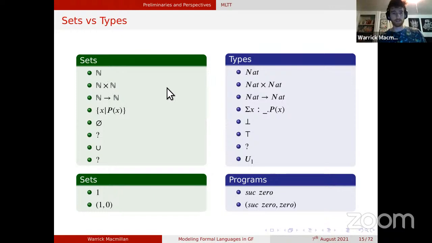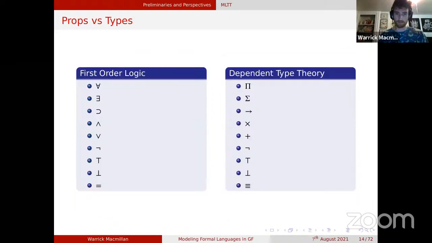If you've taken an intro to set theory course or seen any of the axioms of Zermelo-Fraenkel, yeah, now I'm forgetting how to pronounce this. So we have the Cartesian product, or we have the product type. And if you notice on the previous slide, that's also the "and" proposition.